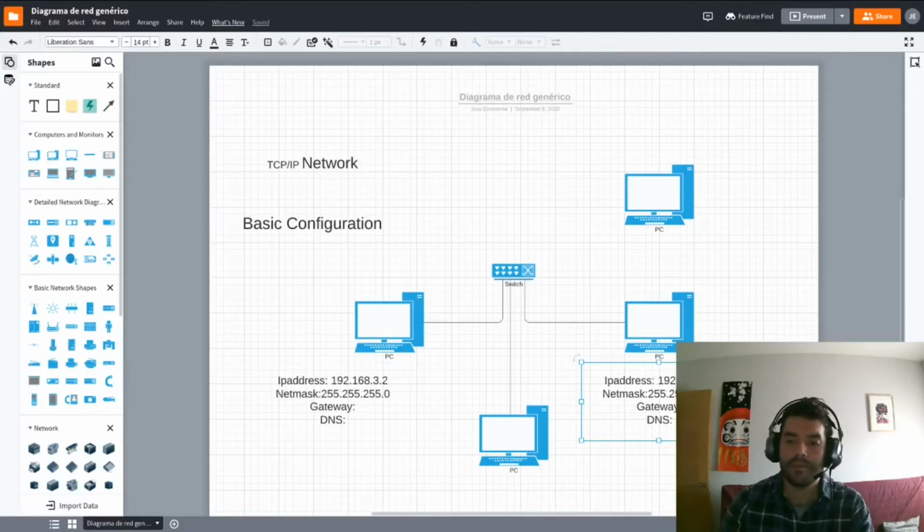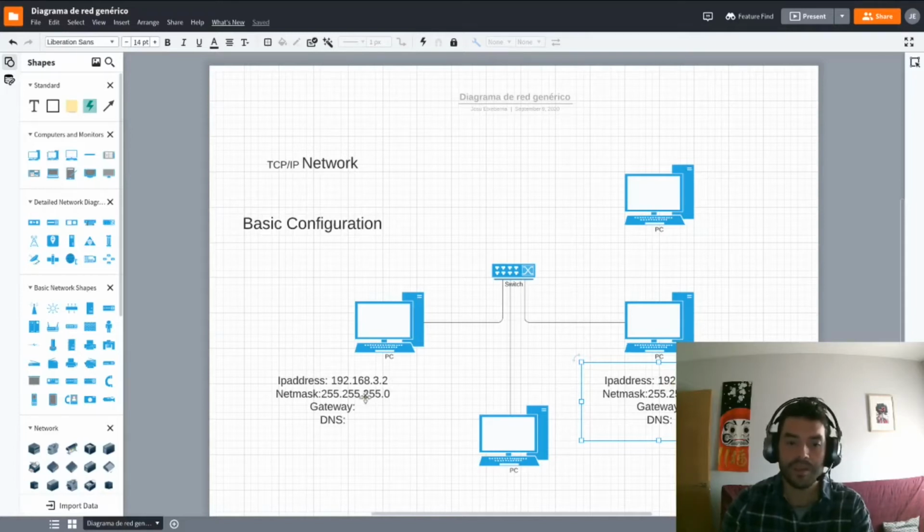And we have here 192.168.3.3 computer. These both computers have the same net mask, and they have two different IP addresses, but both of them are in the same network.